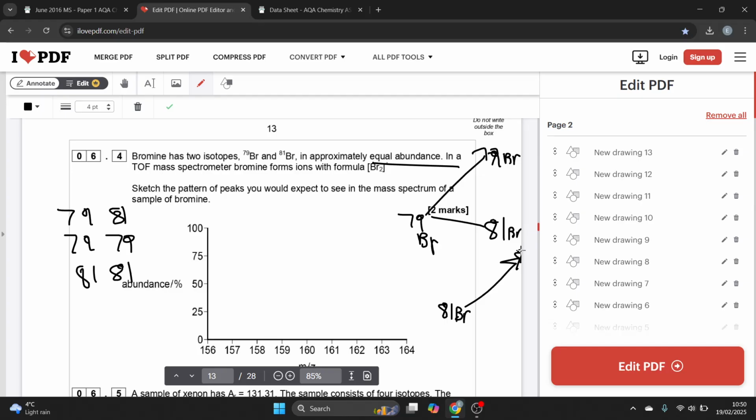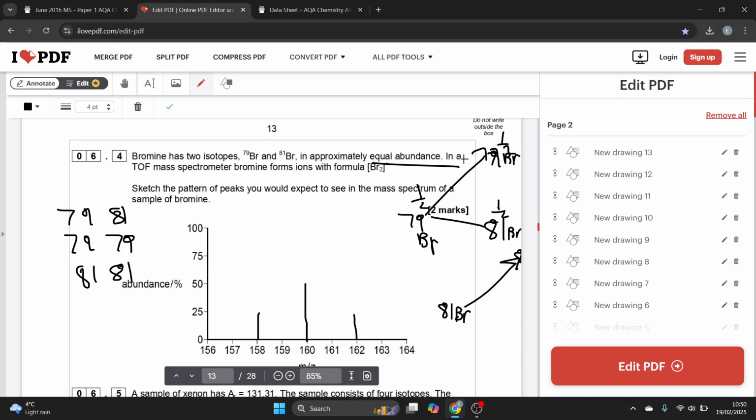You could get 81 and 79. And if you keep doing that, you're like, that's a half, so that's got to be half. That's a half as well. And then the second one, that's going to be a quarter. What you should get is 160 at 50%, 158 at 25% of the abundance, and 162 at 25% of the abundance.